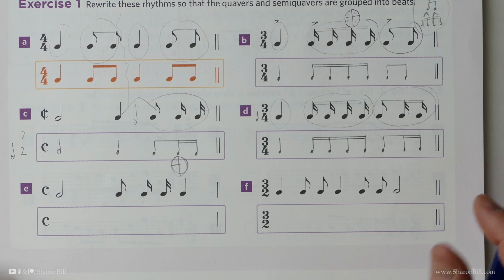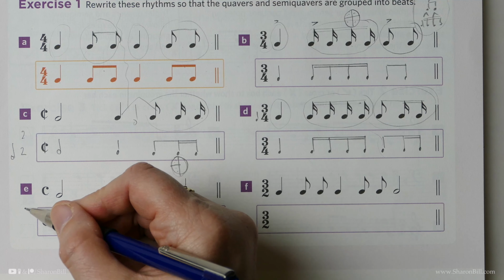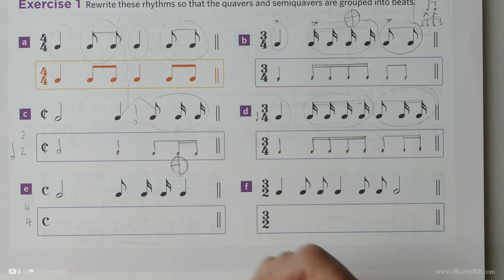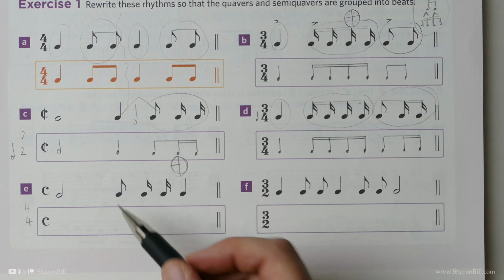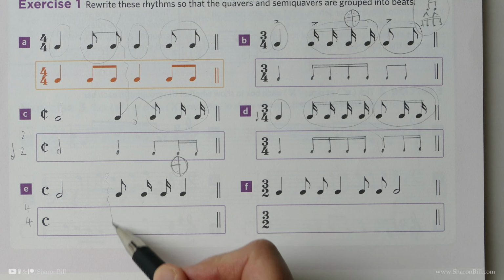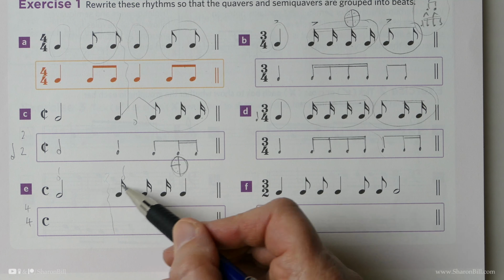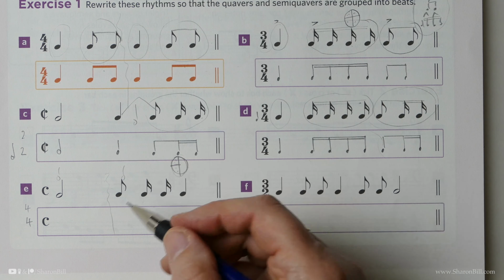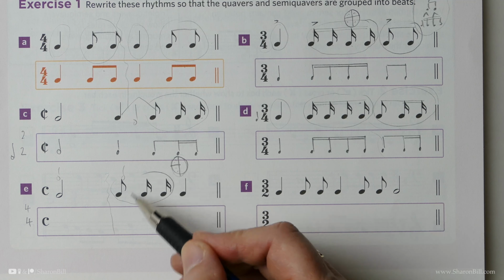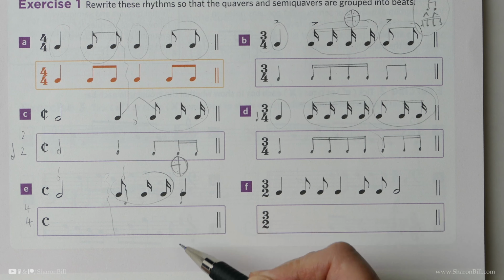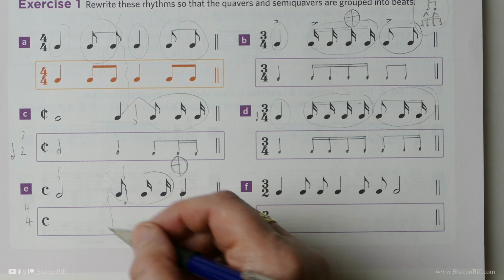And now let's move on. So this is our common time, which you remember from grade 1, means 4 crotchet beats per bar, 4/4. We've got 2 beats there, so here is our halfway mark. 2 beats here, 2 beats here, so we're not going to be in any trouble bridging over the halfway mark. So we know that we can have a half and 2/4 gives us a crotchet beat, and there's the second crotchet beat, so we can just beam that to show the new crotchet beat.